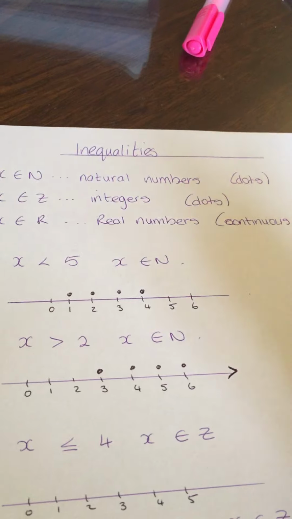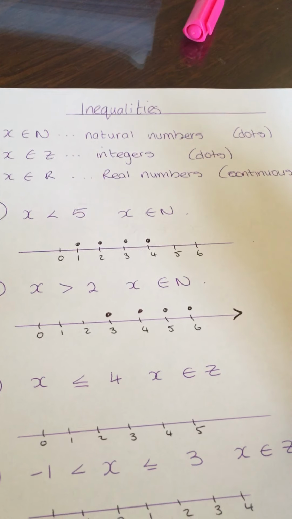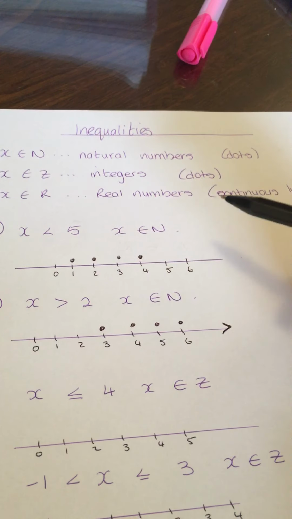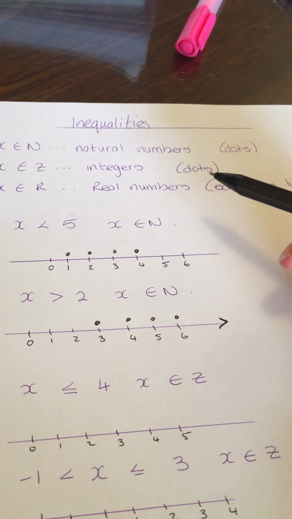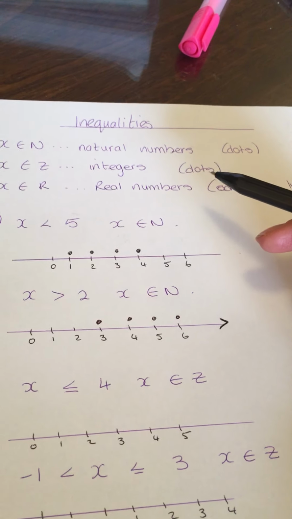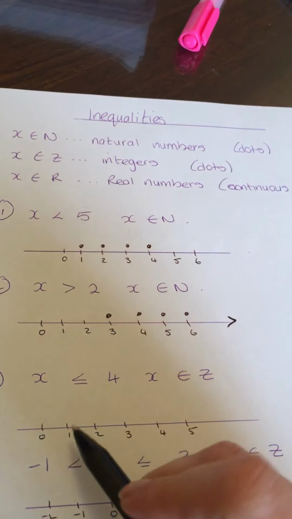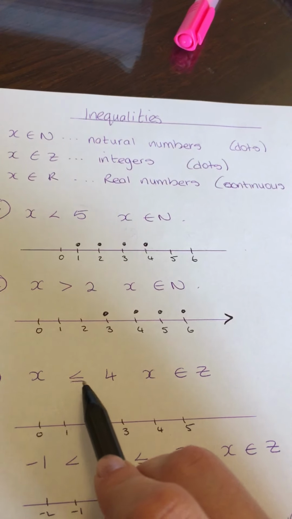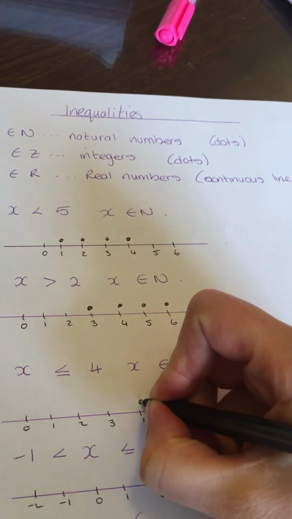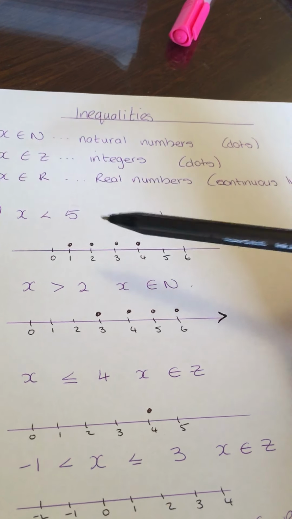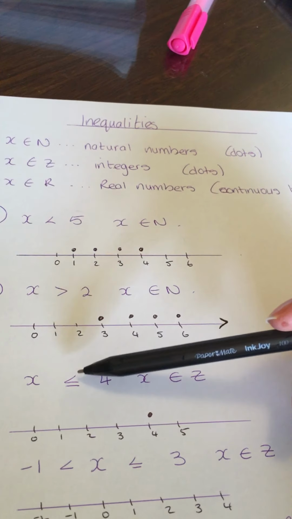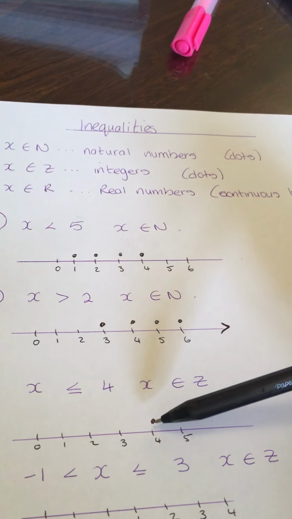Okay. The next one, x is less than or equal to 4. x is an element of Z. So Z again gets dots. But an integer this time, Z means it can be positive or negative whole numbers. So it's less than or equal to. Because the equal sign is there, we're going to put a dot on 4 this time. In the other two, we didn't put a dot on the number itself because there was no equal sign. This one does have an equal sign, so the dot goes on 4.